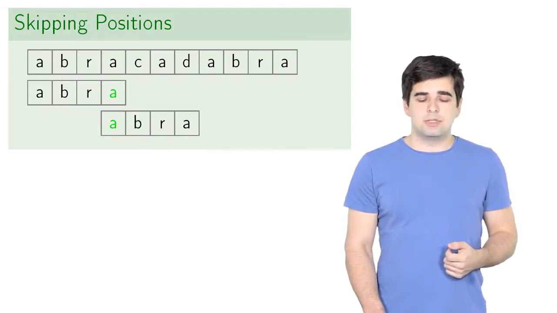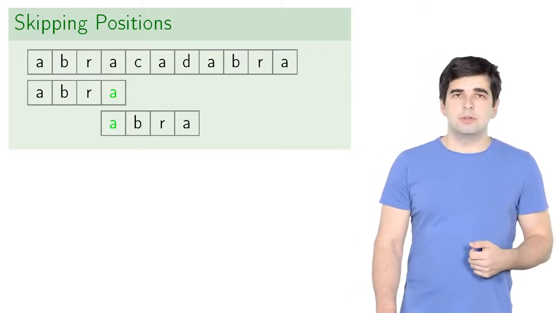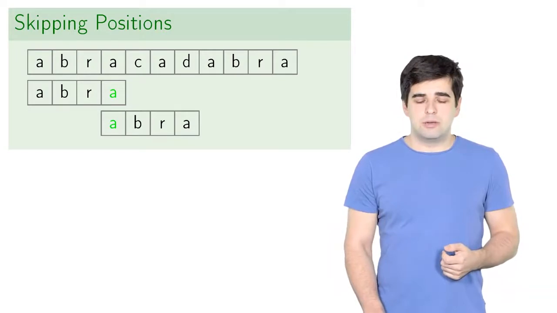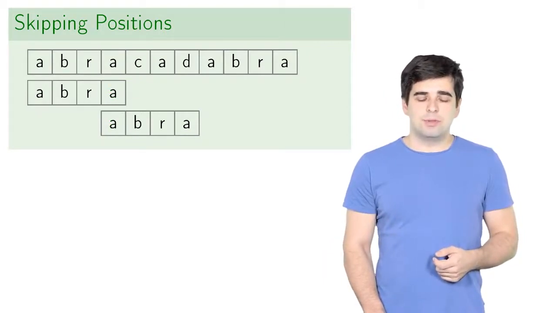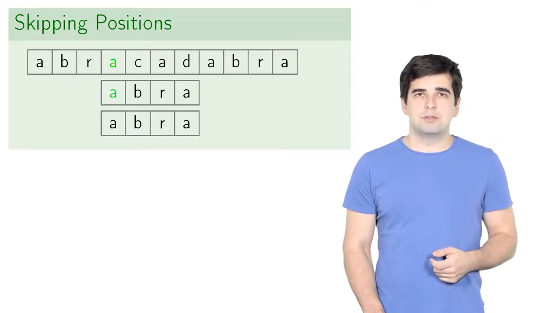And then when we slide one position to the right again, we compare this prefix of length 1, which is letter A, with the suffix of length 1, which is also letter A, and these are equal. So this position we cannot skip according to this rule. But it means that instead of comparing the pattern to the text in positions 0, 1, 2, and 3, we could just safely move the pattern from the position 0 to the position 3, skipping positions 1 and 2.